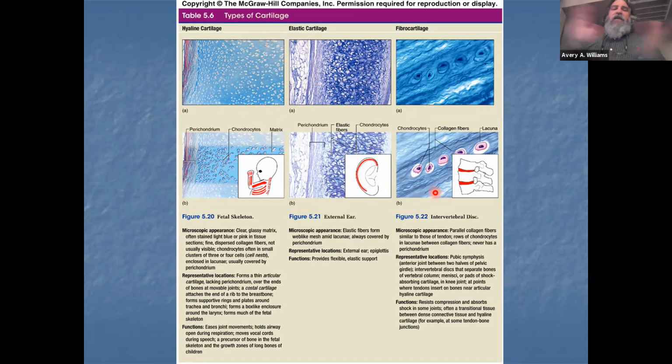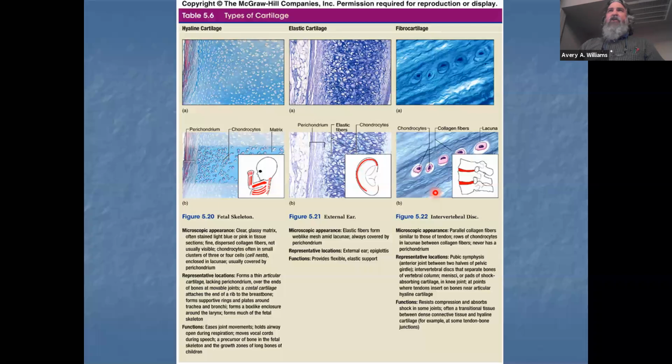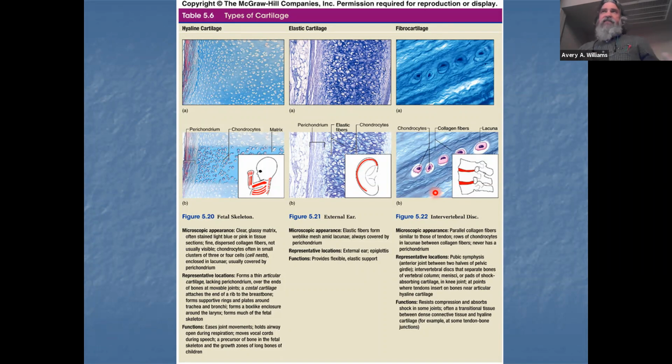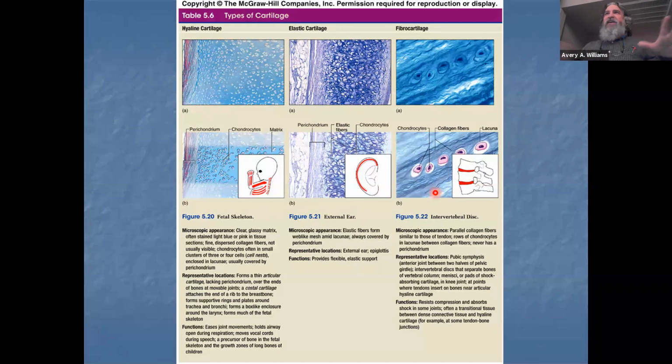But the bottom line is we are going to have our first test after I finish talking about the integumentary system, okay? Whenever that's going to be. I don't know how long after. It might be next week, or it might be the week after that, if you don't want to take it during your practicals time. I'll let you know.